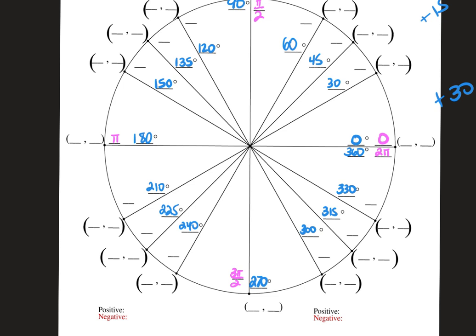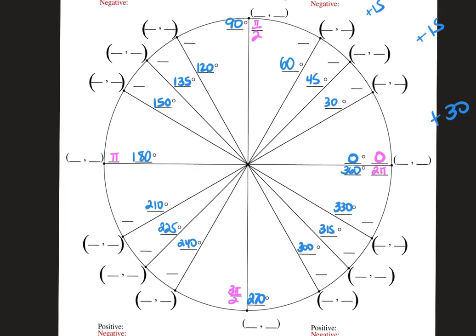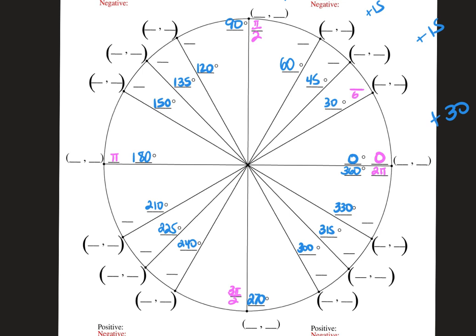All right, now, all the angles that are closest to your x-axis are going to be over 6. So I'm going to just do the denominators first. Over 6, over 6, over 6, over 6. All the angles closest to your y-axis are over 3.